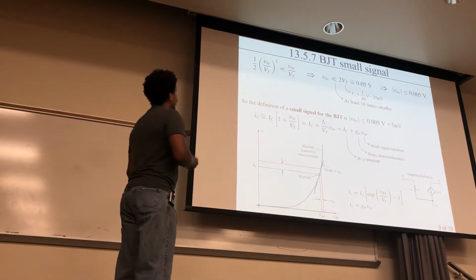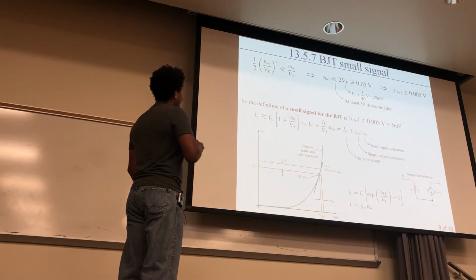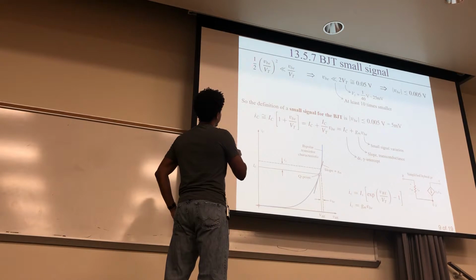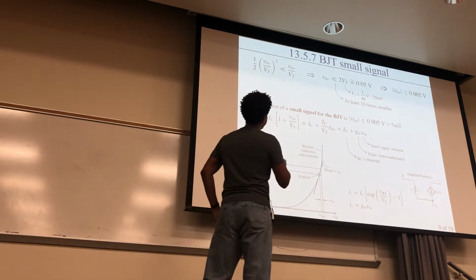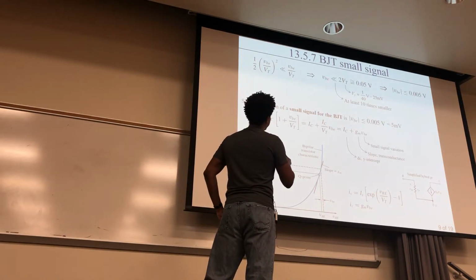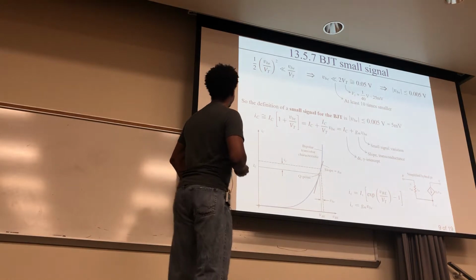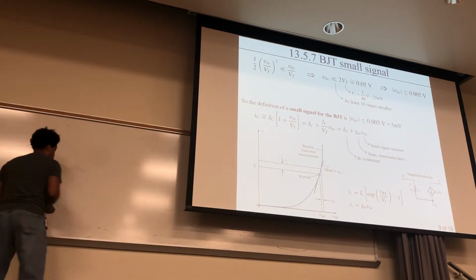Okay, so let's say you have this. If this first term of the higher order terms is much, much less than your linear term, then that means your VBE is much less than this, right? Do you guys see that? Let me just write it out to show you.